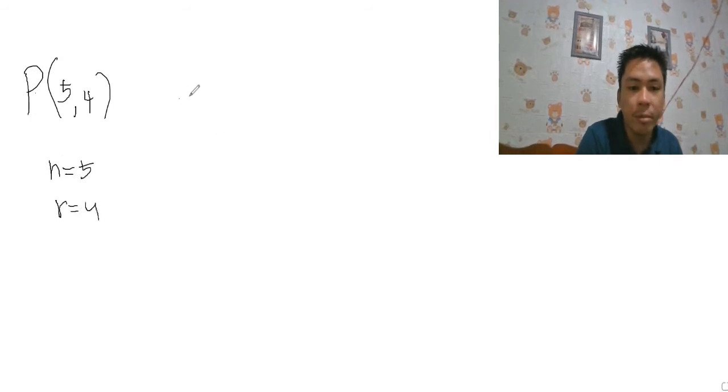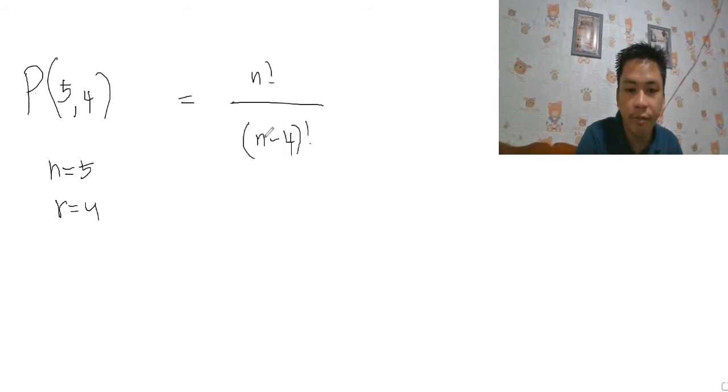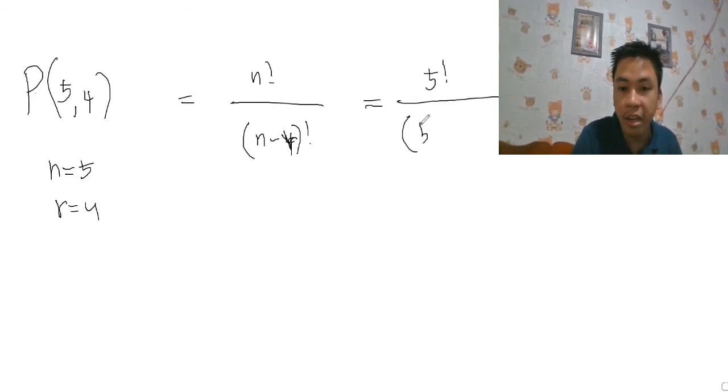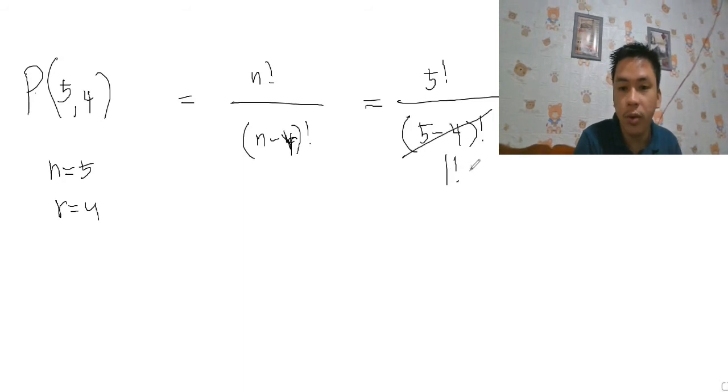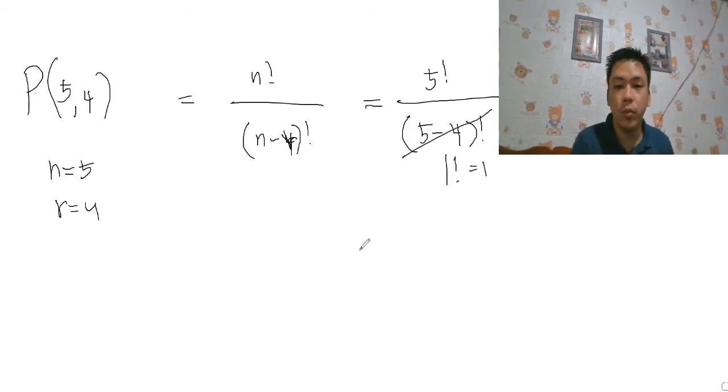By virtue of the formula, you have n factorial over n minus r factorial. So this is 5 factorial over 5 minus 4 factorial. This is just 1 factorial, and 1 factorial is 1. So basically you have a denominator of 1.